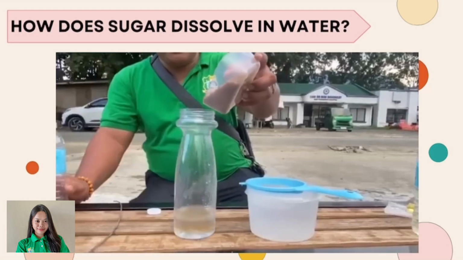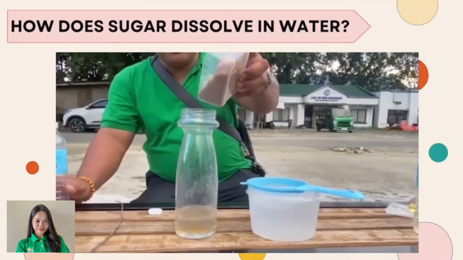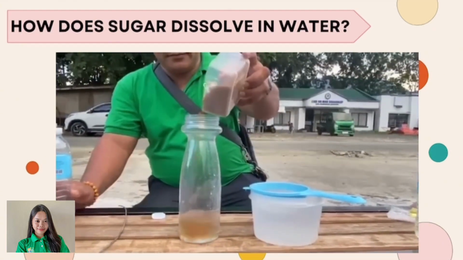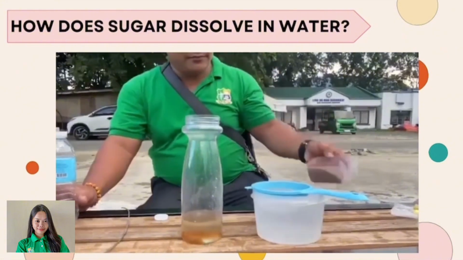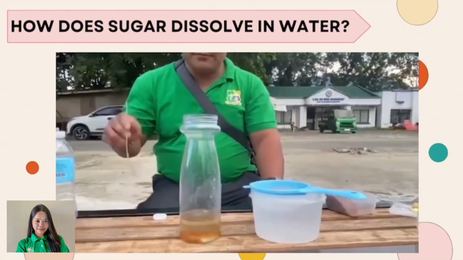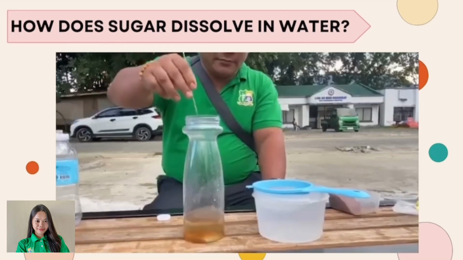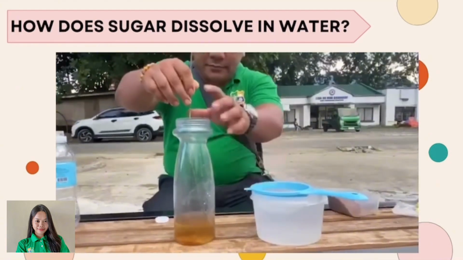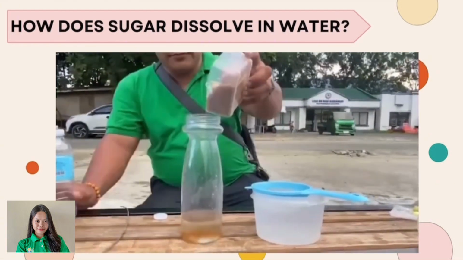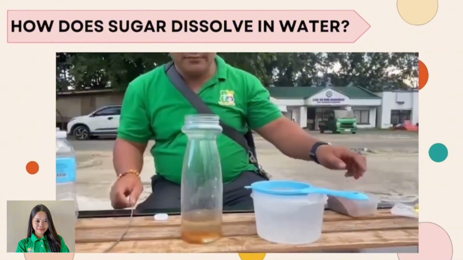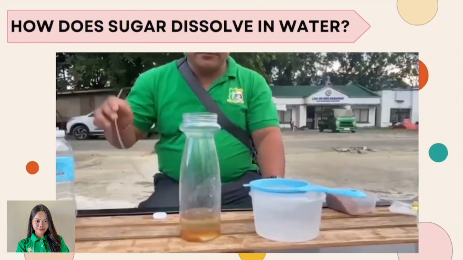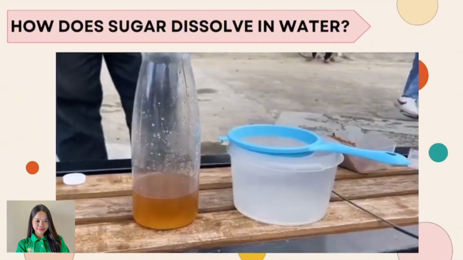Slowly add sugar to the water. As the sugar hits the water, you might notice the sugar grains settle at the bottom of the jar, and you may not see any immediate change in the appearance of the water. The sugar is not dissolving right away, but you can see it sitting at the bottom. As you stir, you will notice that the sugar gradually dissolves.